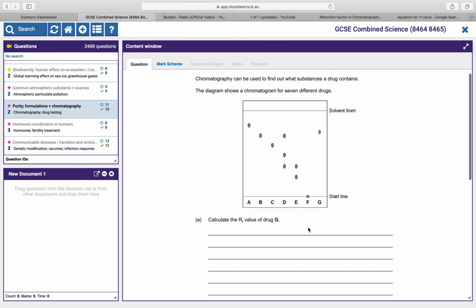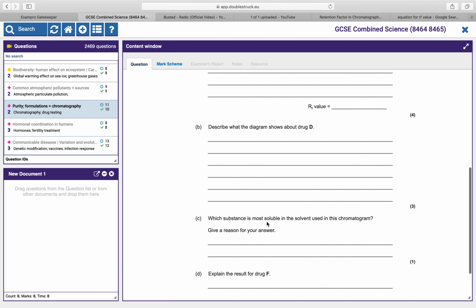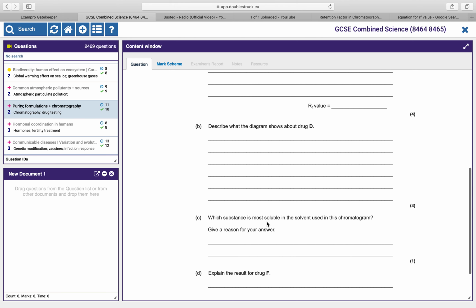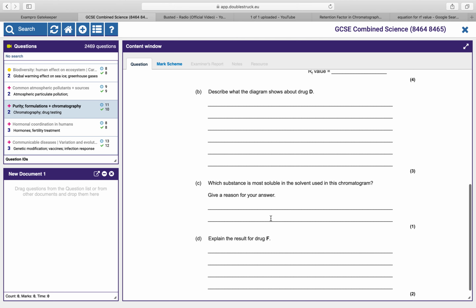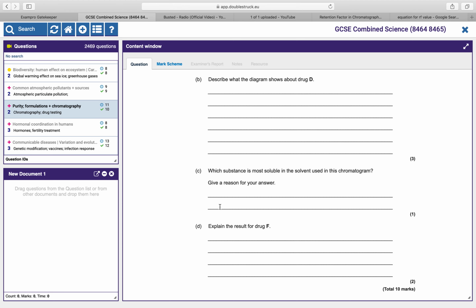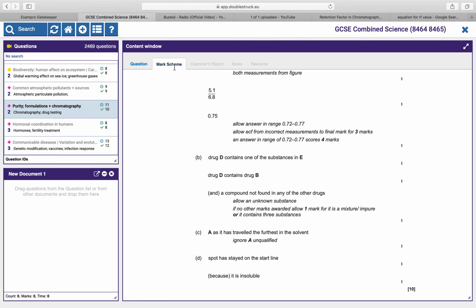So you would say A, because it travelled the furthest up the chromatogram or chromatography paper.